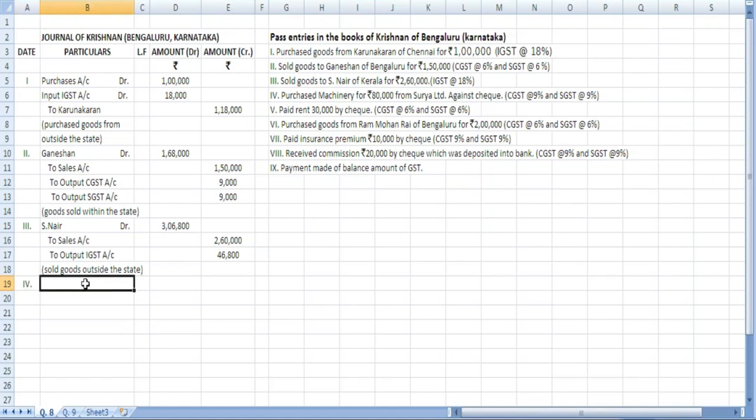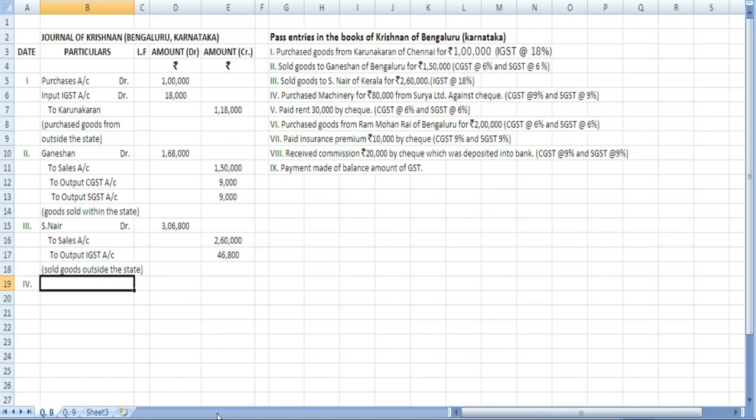Number 4, purchase machinery for 80,000 from Surya Limited against check, CGST 9%, SGST 9%. So we have already paid by check to Surya, that means we have already made the payment through the bank.